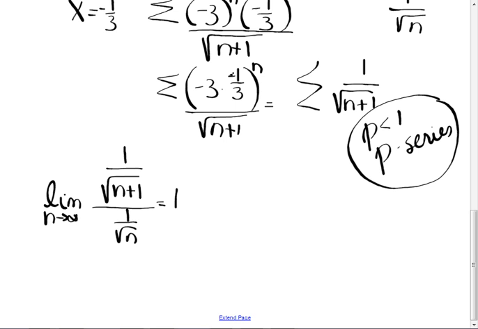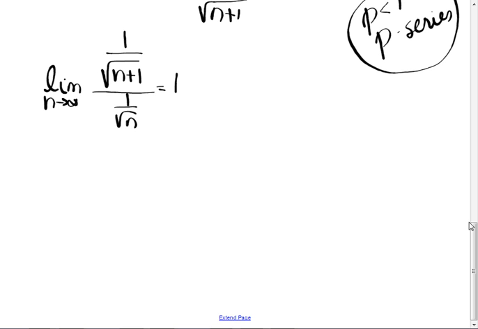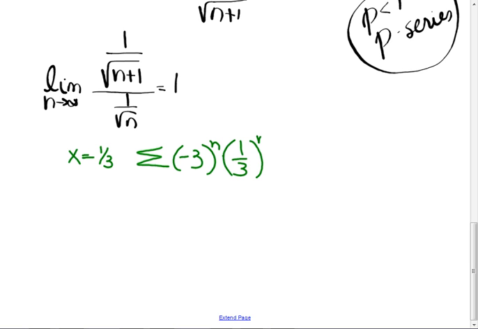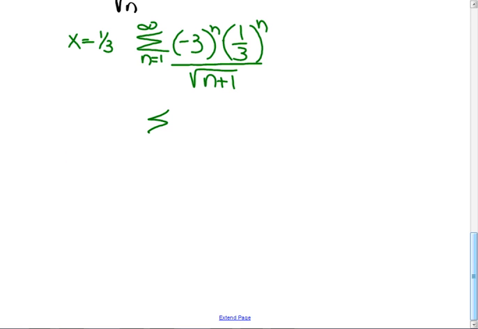Okay. Now, in the other one, I have x equal to positive 1/3. So it's the summation of negative 3 to the n times 1/3 to the n over the square root of n plus 1. Yeah, that's why it's 6 points. It's long. It's going to alternate in sign because negative 3 to the n can be written as negative 1 to the n times 3 to the n.